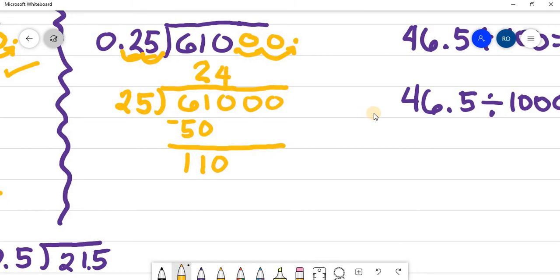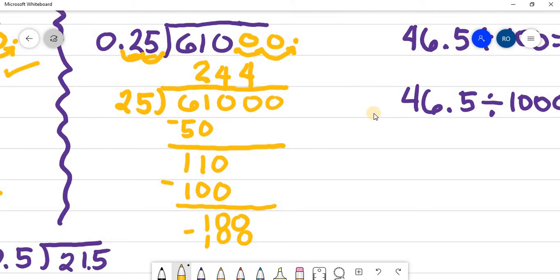And 4 times 25 is 100. Subtract: 110 minus 100 is 10. Then let's bring down 0. 100 divided by 25 is 4. And 4 times 25 is 100.